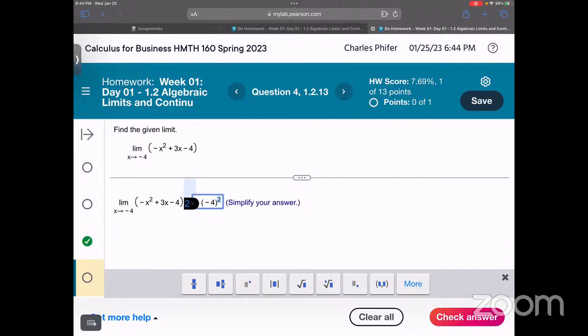That's all we're really going to do here. Then -4 squared is 16, times a negative gives us -16. 3 times -4 is -12, minus 4, so -32. I was just taking notes. Then I'm going to get rid of my notes and just submit the result. Okay, let's go with that. Okay, let's go to the next one.